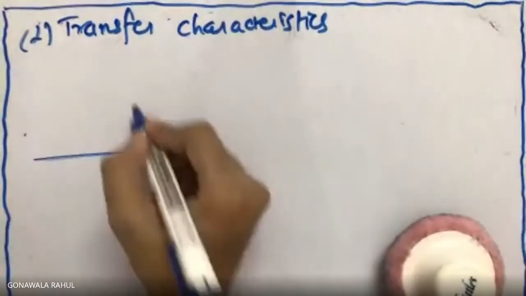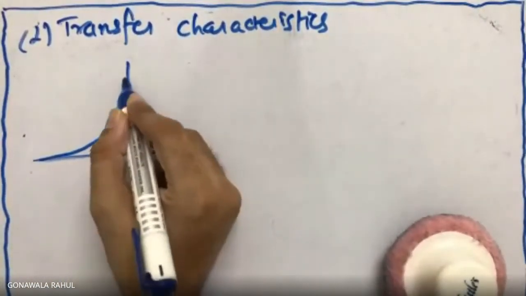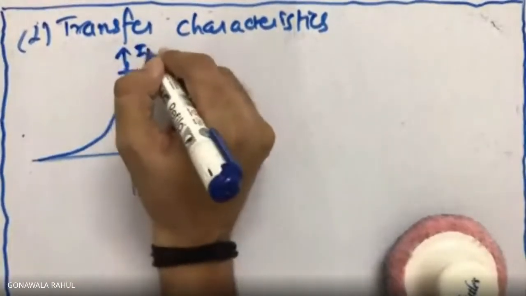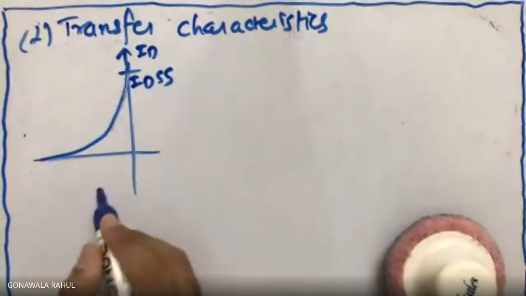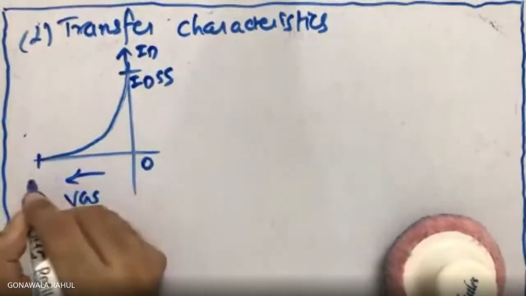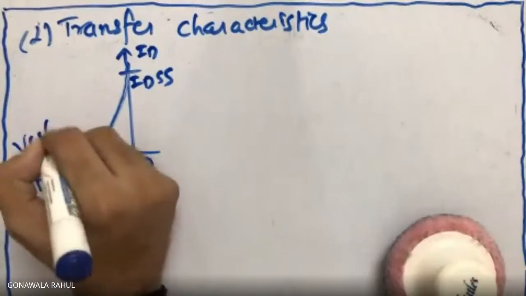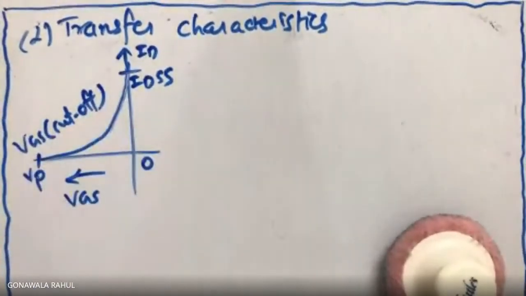This axis is our drain current ID. This point is IDSS. This is our VGS, and this point is VP, also known as VGS cutoff. So this is the transfer characteristics.